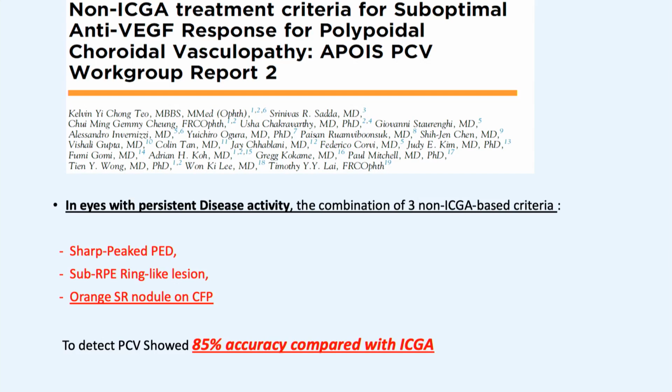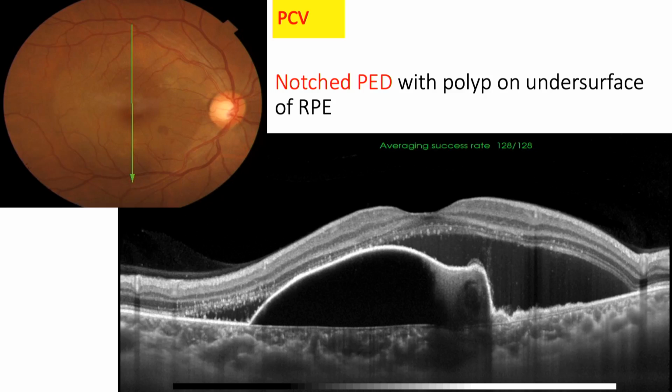And in the revised recommendation, the complex RPE elevation on en-face imaging, because en-face imaging has to be segmented and is difficult for the retinologist, has been replaced with orange subretinal nodule on color fundus photography with 85% accuracy, almost comparable to the initial criteria for diagnosis.